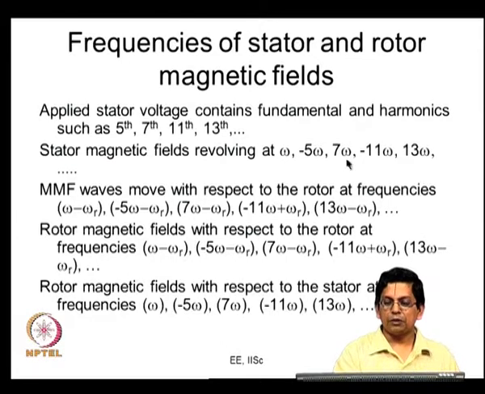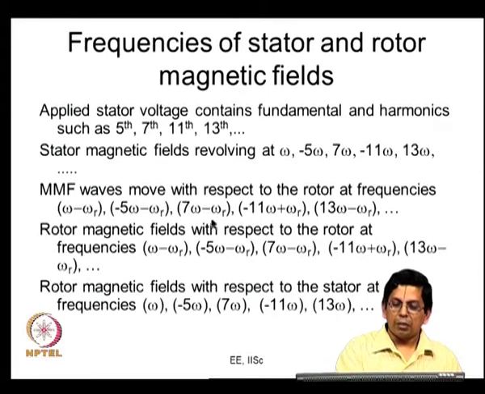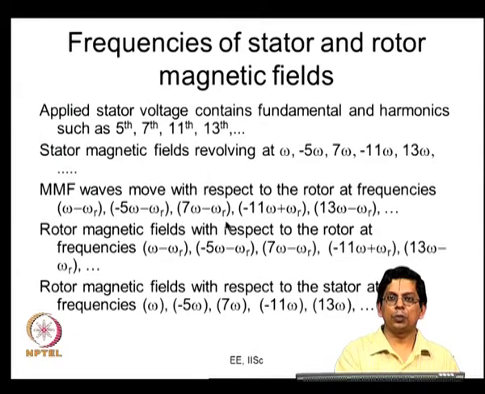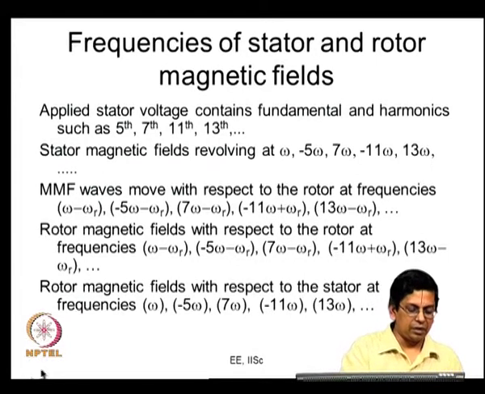The same way, the 7th harmonic voltage applied to the stator causes a magnetic field rotating at 7 times the fundamental frequency, while the rotor is rotating at omega r. So this magnetic field moves past the rotor at 7 omega minus omega r, and therefore there is an induced EMF and induced currents of frequency 7 omega minus omega r in the rotor. The same can be said about the other frequencies, minus 11 omega, okay, this should be minus omega r, there is an error here.